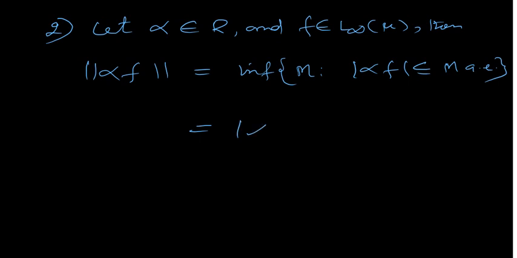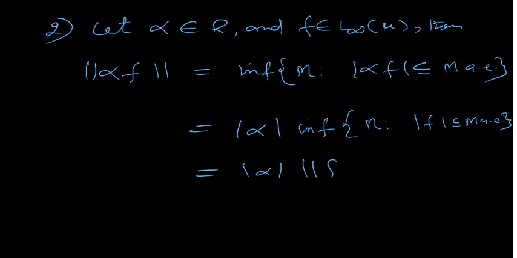It's mod of alpha times, और ये नॉन नेगेटिव नंबर है जो हम बाहर निकालते हैं सेट से. सो इट विल नॉट चेंज दिस इन्फिमम टू सुप्रीमम. अगर ये नेगेटिव नंबर होता ना, उस केस में इन्फिमम सुप्रीमम में जाता. बट इट्स अ नॉन नेगेटिव नंबर, सो इट विल नॉट चेंज इट्स इन्फिमम of m such that mod of f is less or equal to m almost everywhere, and that's equal to mod of alpha, and this one is the norm f infinity.